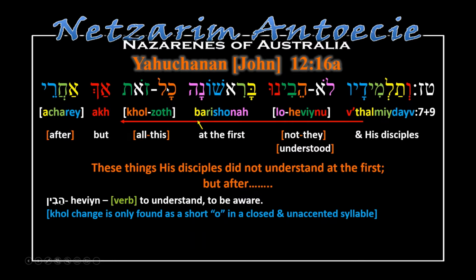Often you'll see it with the next letter having 2 dots under it also, but this becomes kol, which means all, and zot is this. It's just a grammar rule that they use, even though it looks like kol, but a very similar sound anyway. And then we have ak, which can mean but, acharei, but after. These things the disciples did not understand at the first, but after.